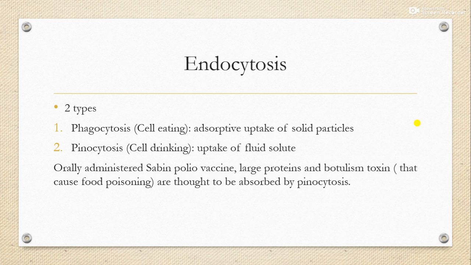The second type of endocytosis process is pinocytosis, which is also called cell drinking, where uptake of fluid solute takes place. A classic example of the pinocytosis process is the orally administered Sabin polio vaccine, large proteins, and botulism toxin, which causes food poisoning.